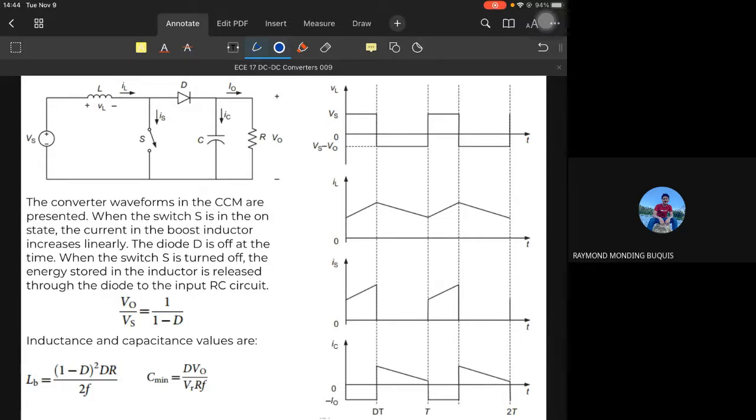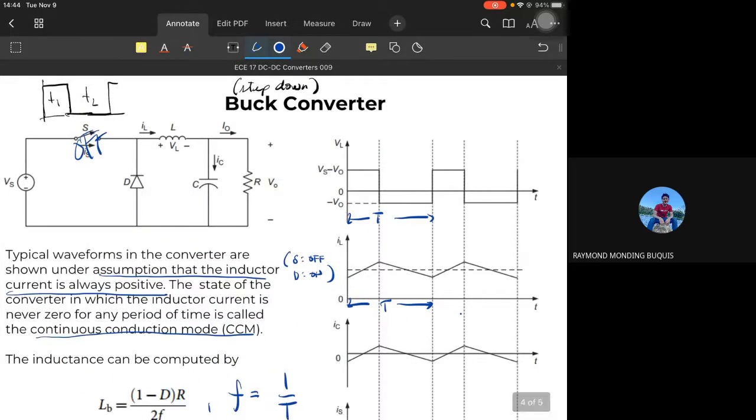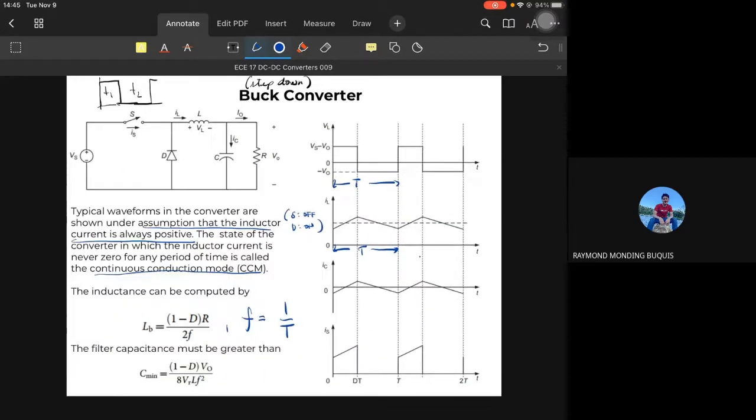If I were to define it, it is a reversal of the operation. In the buck converter, when the switch is on, the diode is off; when the switch is off, the diode is on. The effect is a step down of the voltage.